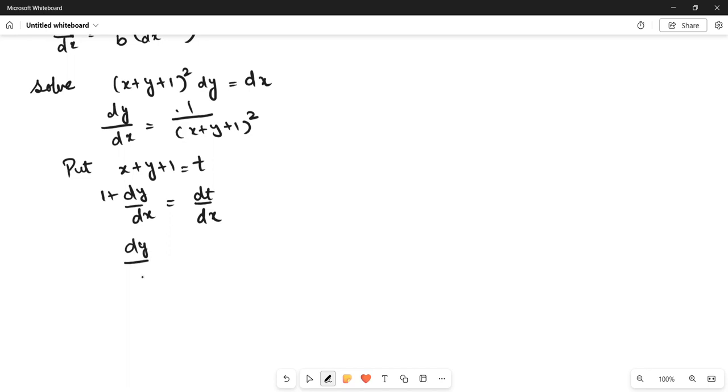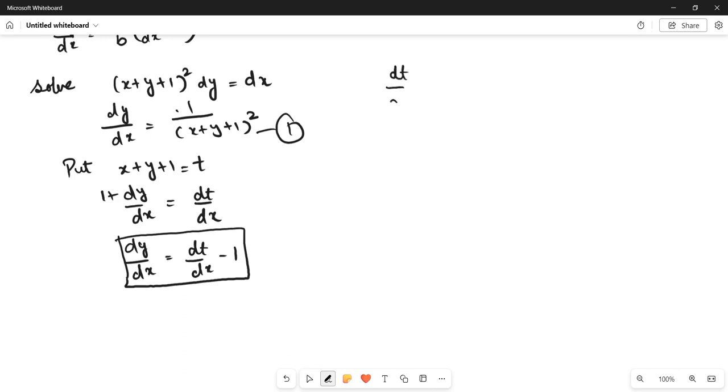So dy by dx equals dt by dx minus 1. From here, we get the value of dy by dx in terms of dt by dx. So we will put this value in our equation, that is dt by dx minus 1.